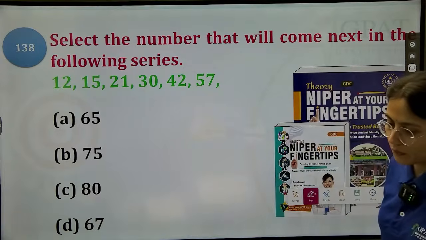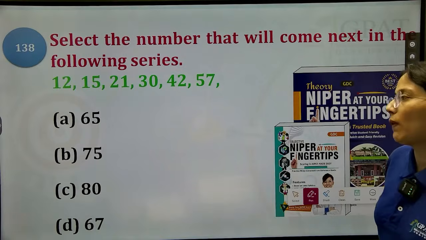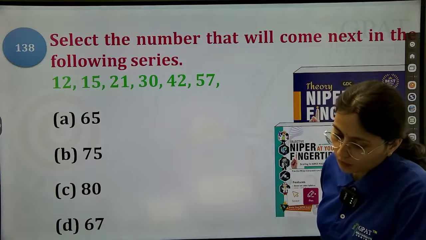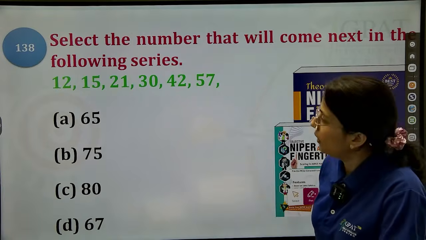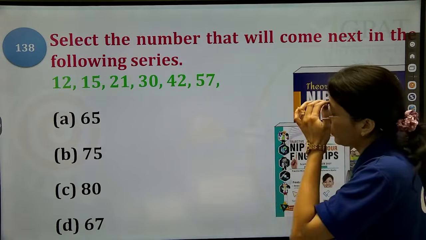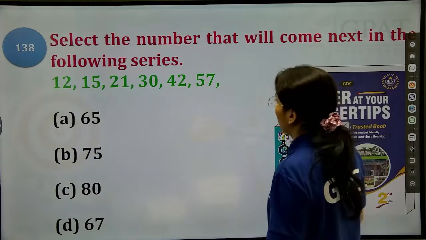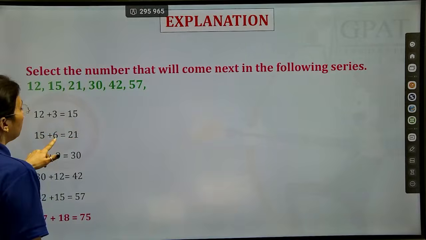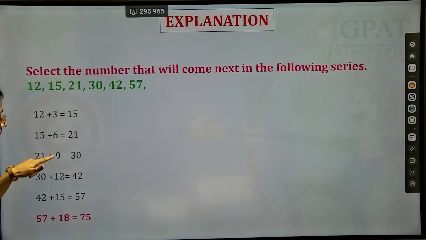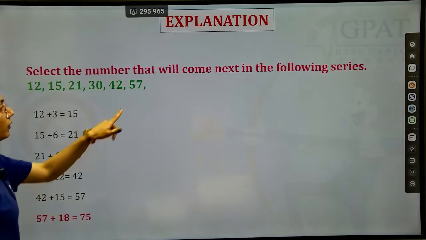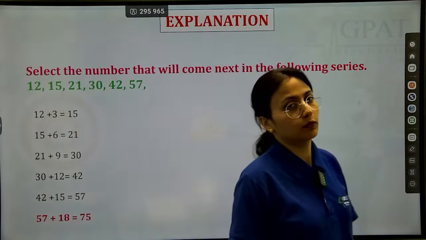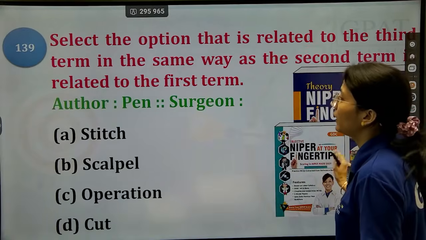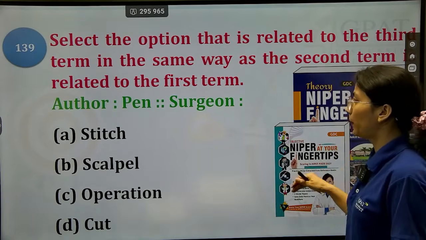Okay, so if you see 12 plus 3 is 15. 15 plus 6, like 3 ones are 3, 2s are 6, 9, 12, 15, 18. So we'll get what? That is 75. So after 57 we will get 75.